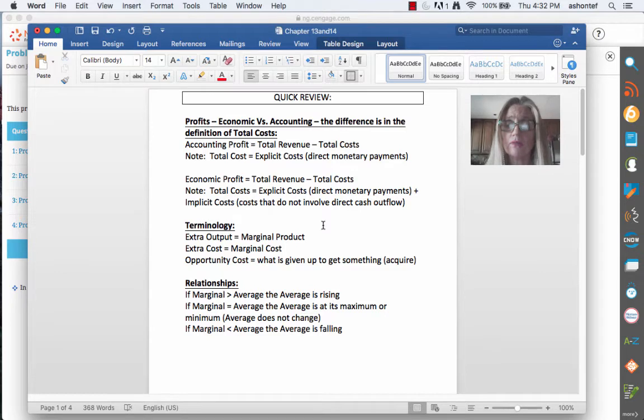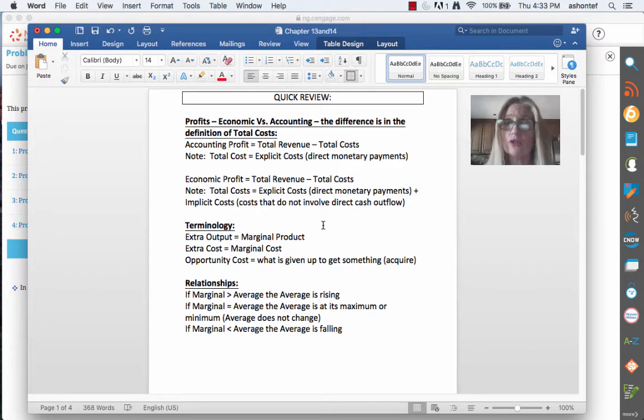And lastly, quick relationship reminders between marginal and average. Take a quick look at that. Remember, if your marginal or your extra is going up at a quicker rate or is larger than your average, it's going to drive up your average. So like the GPA example we did, if your extra grade is an A in the class and your average had been a B average, your average overall would be driven up.